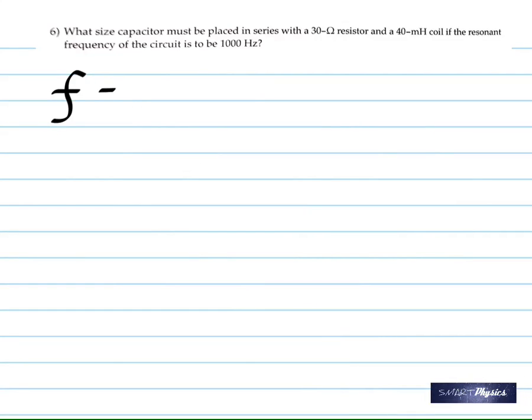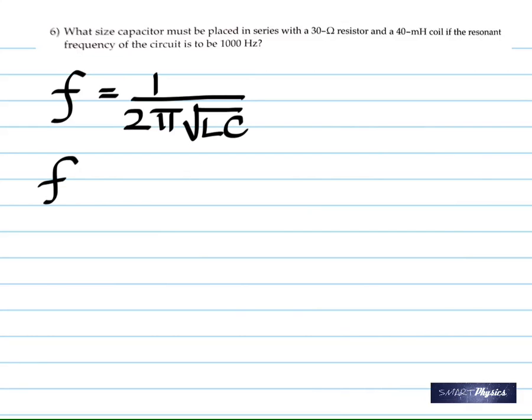What size capacitor must be placed in series with a 30 ohm resistor and 40 millihenry coil if the resonant frequency is to be 1000 hertz? The resonant frequency does not depend on the resistance. It only depends on the capacitance and the inductance, and that's the formula for resonant frequency.